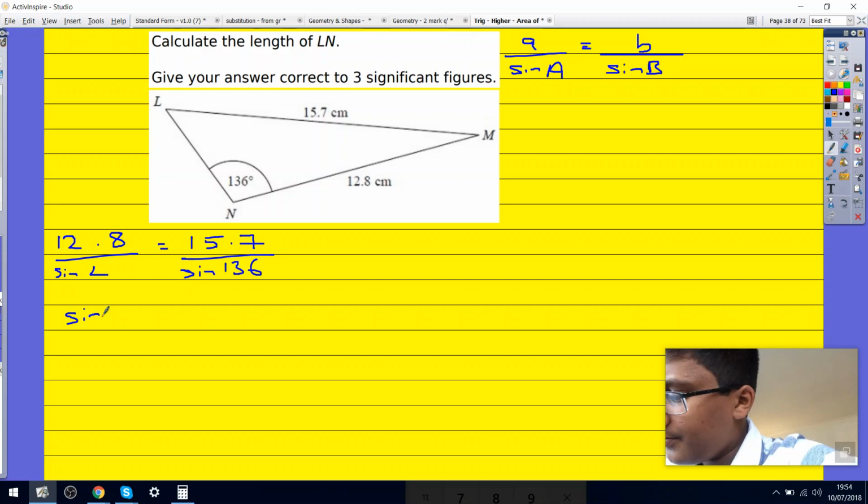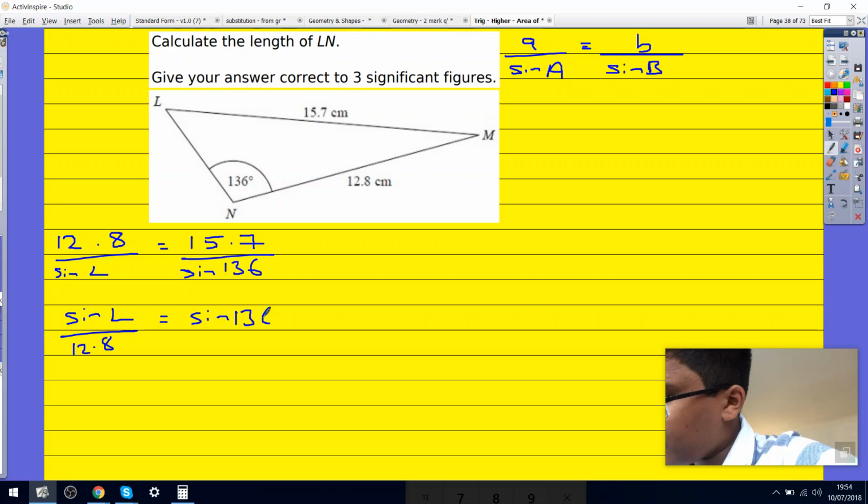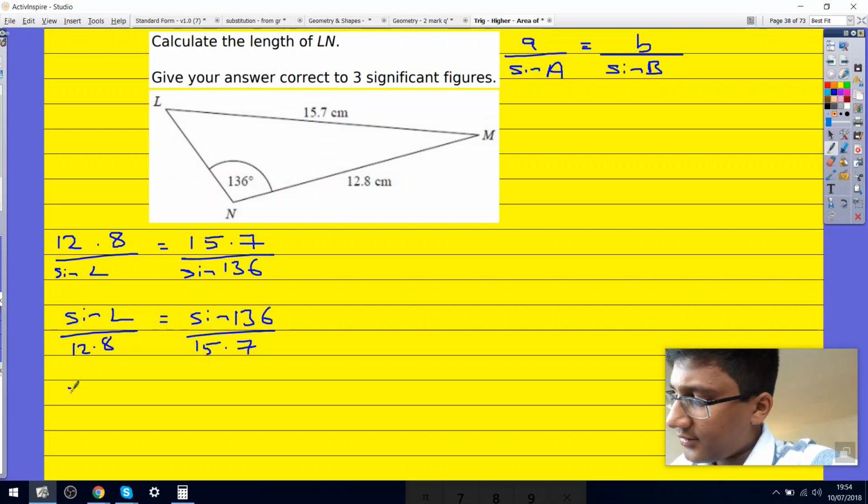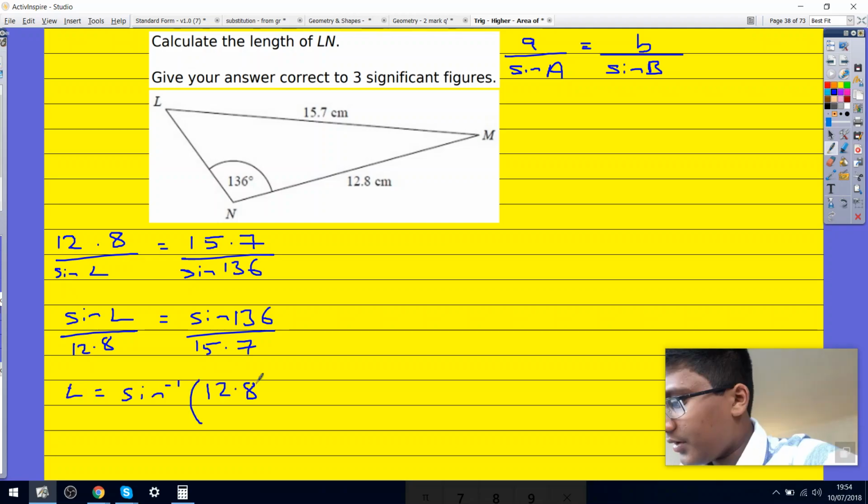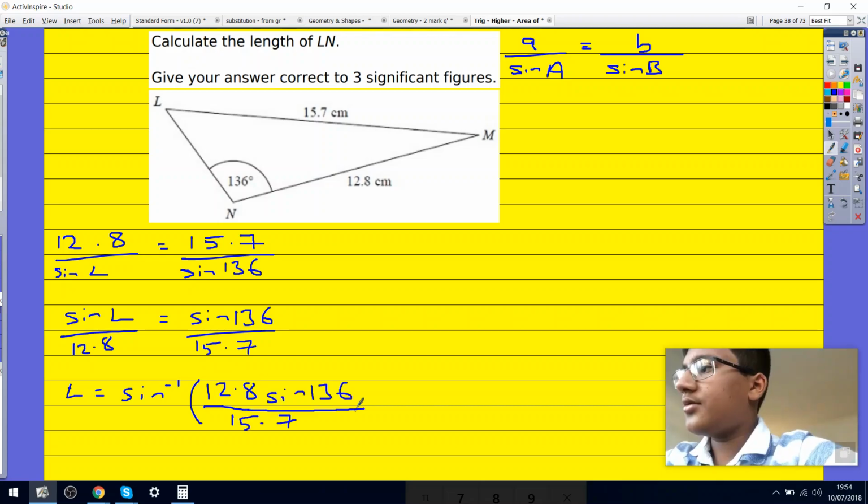So sine A equals 12.8 sine 136 over 15.7, and then A is just the sine to the minus 1 of 12.8 sine 136 over 15.7, and then I'll calculate that.